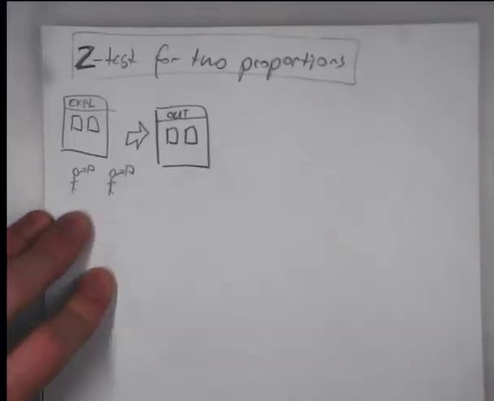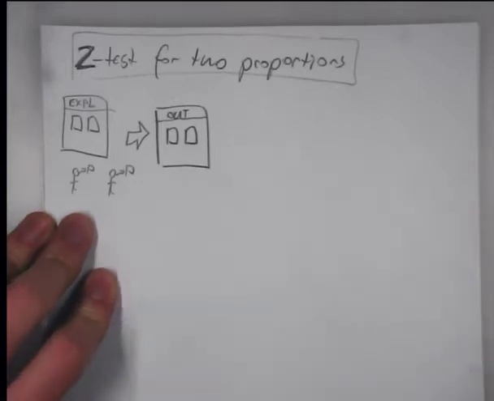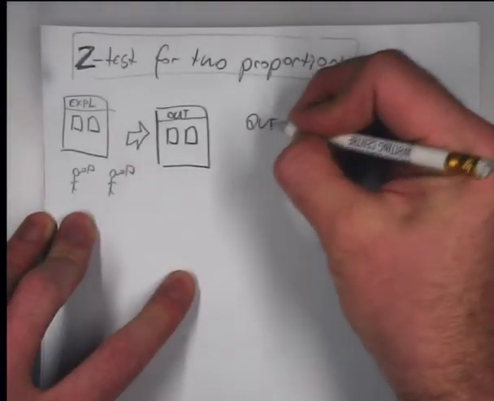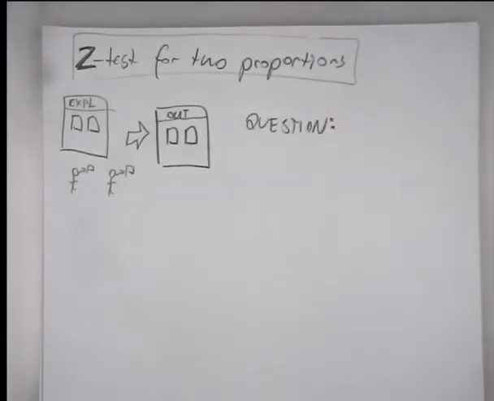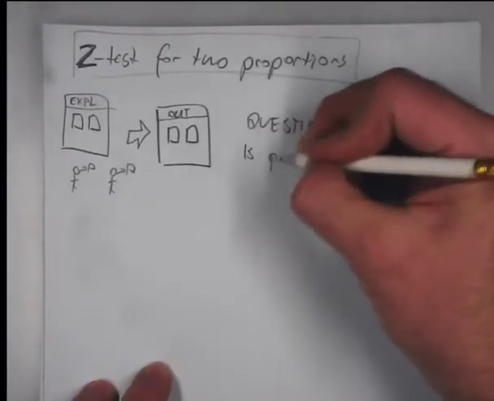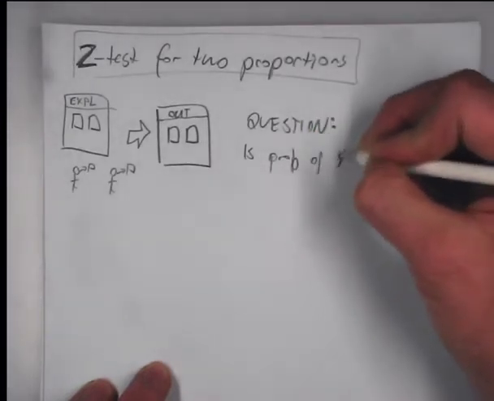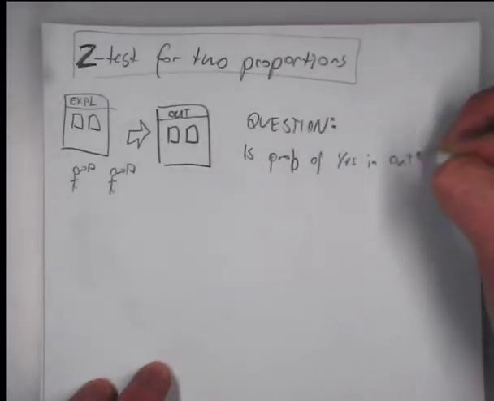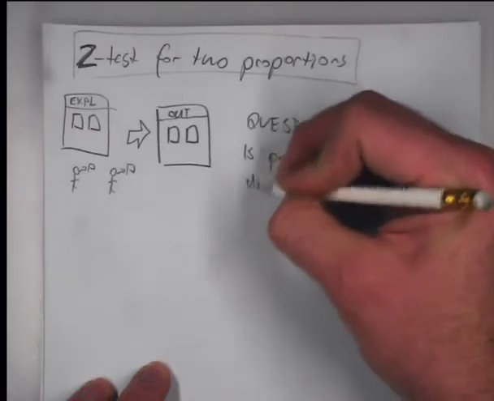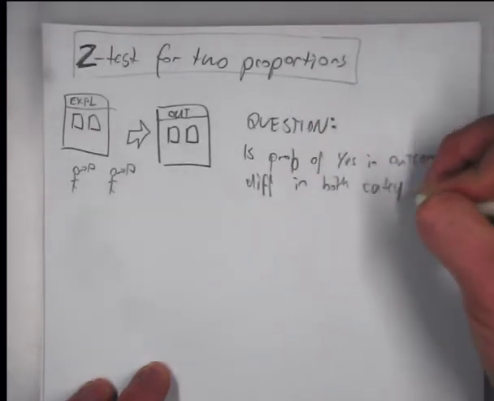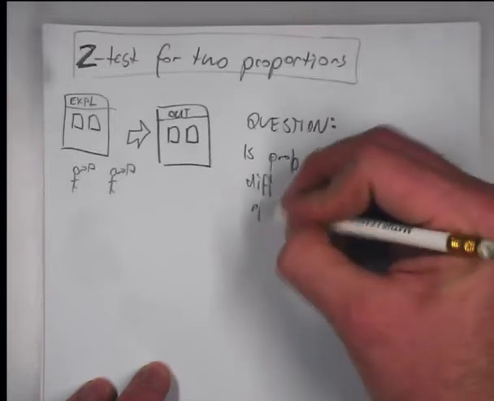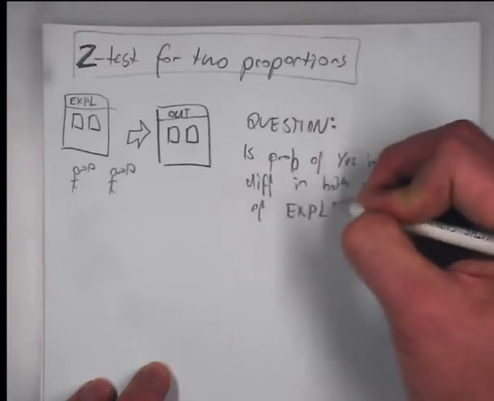So the Z test for two proportions is this. It's designed for that situation. My question is something of the variety of, is the yes-no outcome, is the probability of yes different in those two groups? That's what it is. Is the probability of yes in the outcome different in both categories of the explanatory variable?